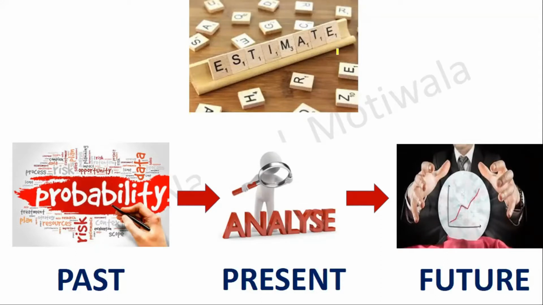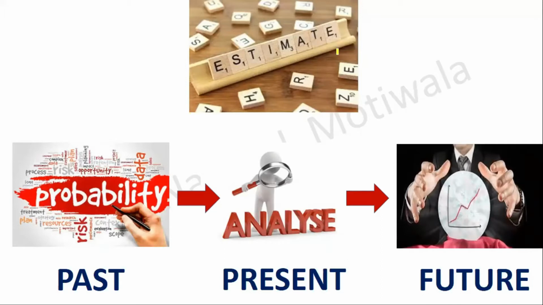Let us say my SEM1 pointer is around 7.2, my SEM2 pointer is around 7.5, then SEM3 7.8, then fourth SEM let us say 7.5, fifth SEM you get 8, and let us say sixth SEM you get 8.5. So these are the pointers of the exams which we have already given in the past.